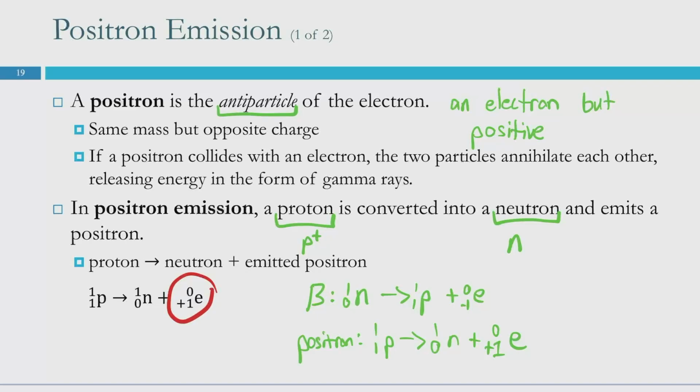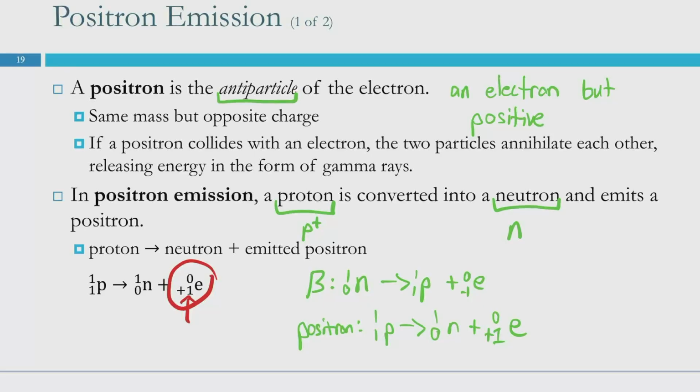It's the same E as electron, but it's a +1 charge instead of the -1 charge. So it's like a sort of opposite. It's the protons and neutrons parts flipped, the charges flipped. So that's positron emission.